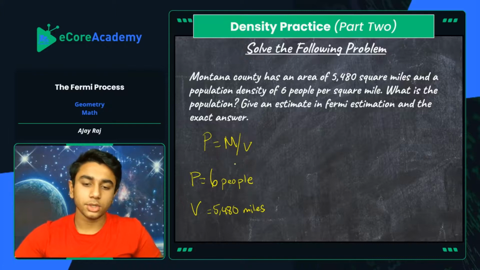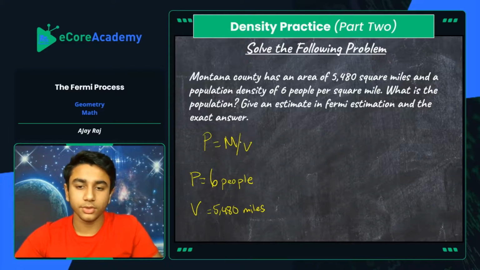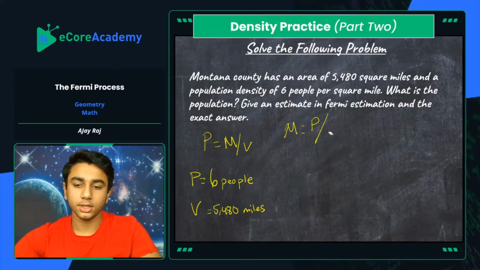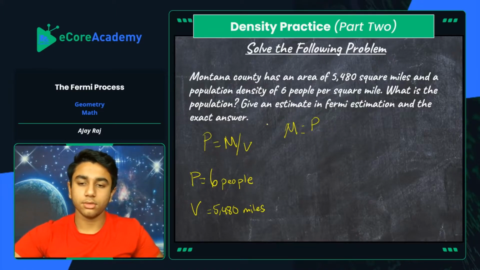So now we're going to twist this equation around. We're trying to solve for the total population in this case. That's the amount of people per place, so that's going to be our mass.